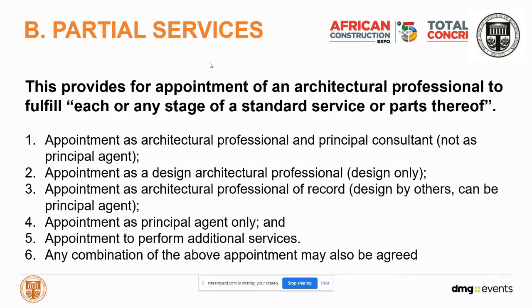Number 3, appointment as architectural professional of record, where you'd be maybe taking over a design by others. In this type of scenario, you could also be a principal agent. Number 4, appointment as principal agent only. And number 5, appointment to perform additional services. So any combination of the above appointment may also be agreed upon with the client.